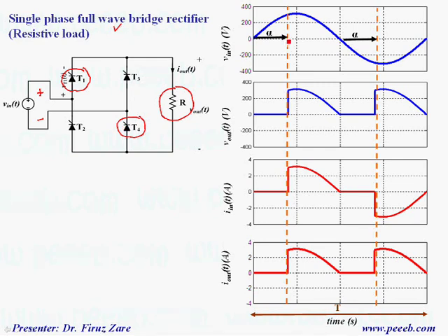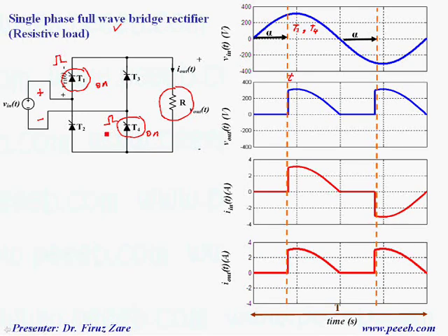Once we apply a gate signal just at this time or that firing angle, then we can turn on thyristor 1 and thyristor 4. That means we have to apply a gate signal to both thyristors to be able to turn on these thyristors.